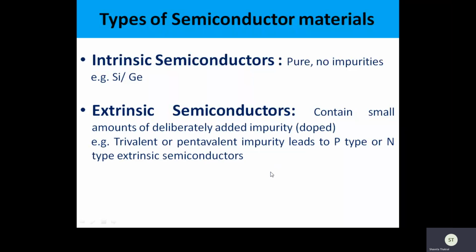That means in a million or billion atoms of pure semiconductor, we introduce only one part of impurity, which can be trivalent or pentavalent. Examples of trivalent impurities are boron, aluminium, gallium, or indium. And examples of pentavalent impurities are phosphorus, arsenic, antimony, or bismuth.